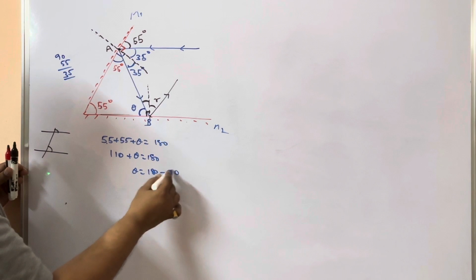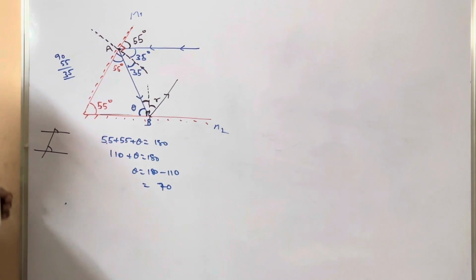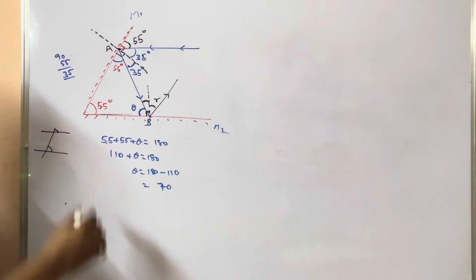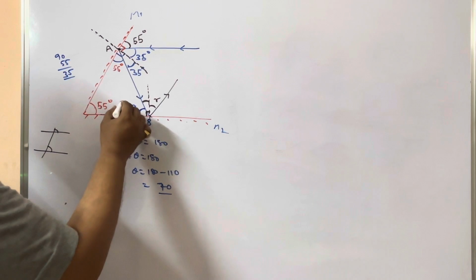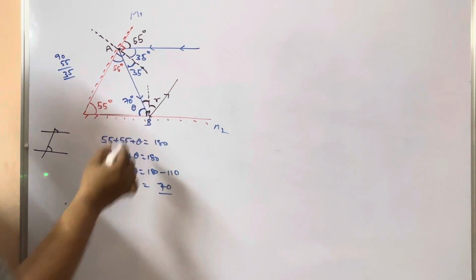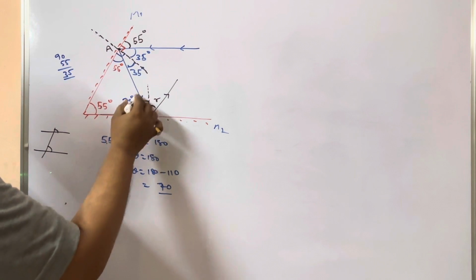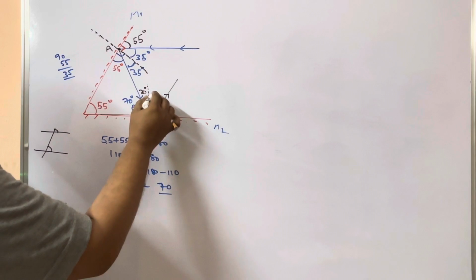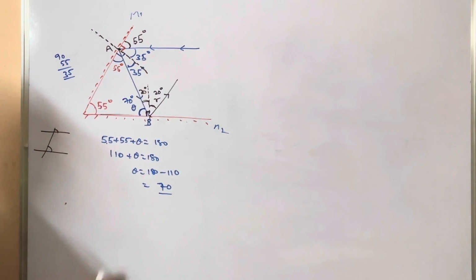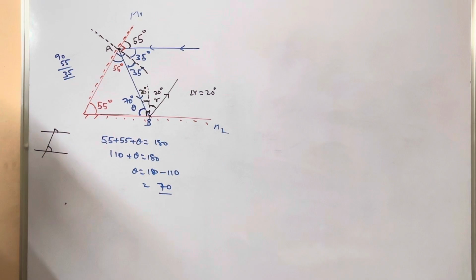So 180 minus 110 is 70. So theta is 70. Then what is this black color angle? This angle is 90. Therefore, 90 minus 70 is 20 degrees. Therefore, this one also is 20 degrees. So the angle of reflection on the second mirror is going to be 20 degrees.